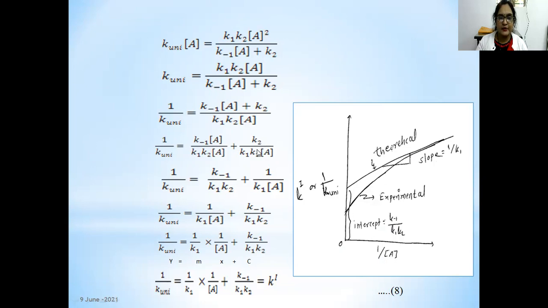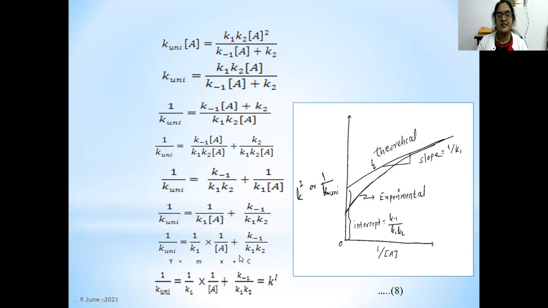Here k2 k2 get cancelled, and here concentration of A gets cancelled. So after simplification, 1 upon k uni is equal to k minus 1 divided by k1 k2 plus 1 upon k1 into concentration of A. Again I rearrange this equation: 1 upon k uni is equal to 1 upon k1 into concentration of A plus k minus 1 over k1 k2.